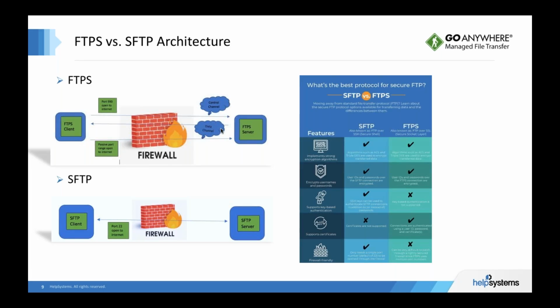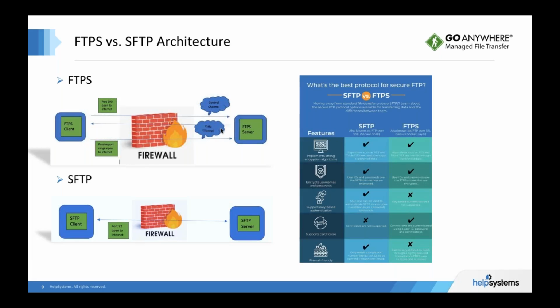The differences there are that passive means that the port, and this is how I'd say 99% of our customers we see leveraging FTP or FTPS operate, is the server will have a defined range of ports that it can use for these passive ports, and the FTP client is connecting outbound for one connection, and then they're going to connect out again to another port for that data channel.